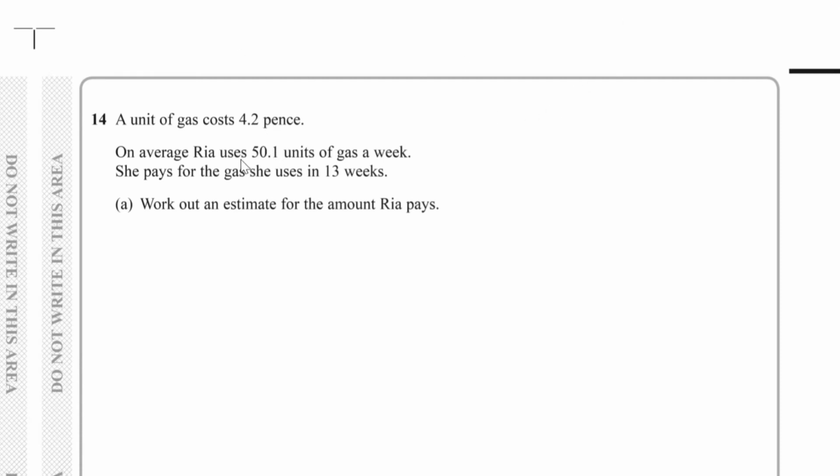Question number 14. A unit of gas costs 4.2 pence. On average, Ria uses 50.1 units of gas a week. She pays for the gas she uses in 13 weeks. For part A, we have to work out an estimate for the amount Ria pays. Well, 1 unit of gas costs 4.2 pence, which is approximately 4 pence.